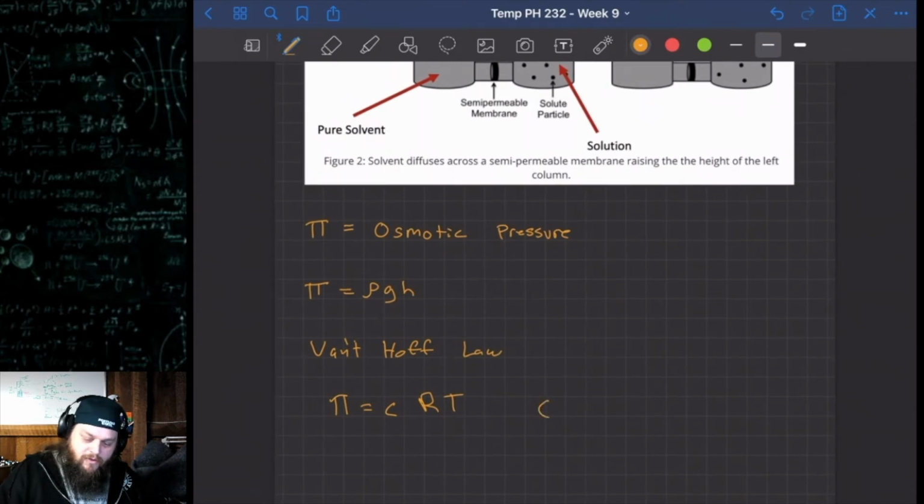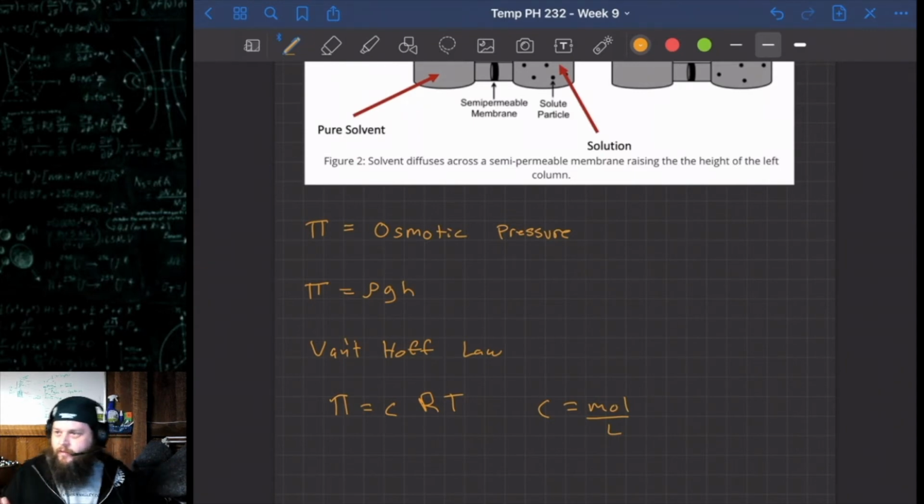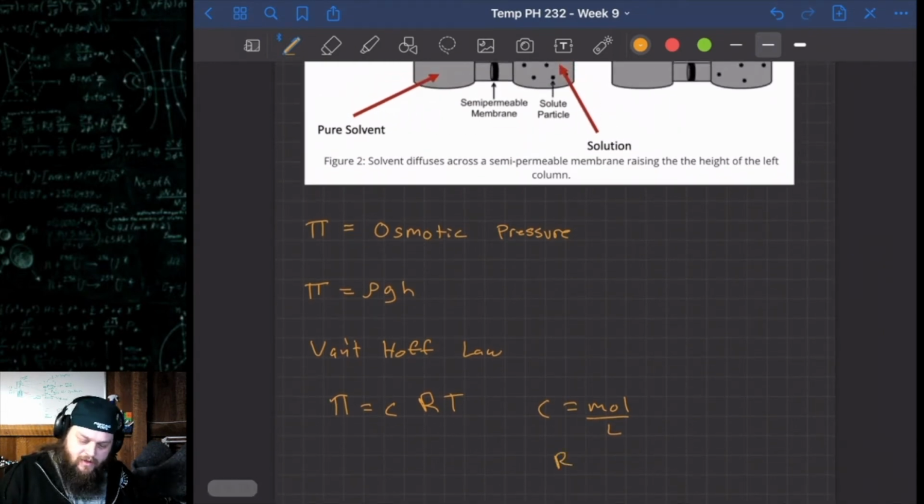So the concentration is going to be equal to the moles per liter of the solution that we're trying to filter out. And the R is going to be a constant, which is equal to 8.206 times 10 to the negative 2. The units for that are liters times atmosphere per mole Kelvin.